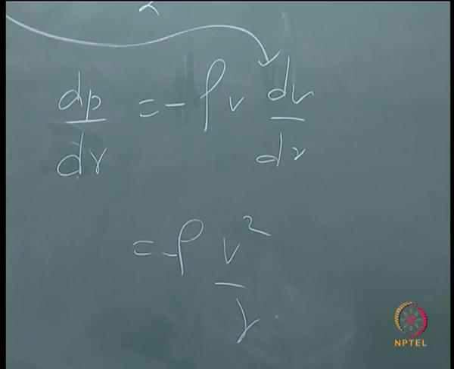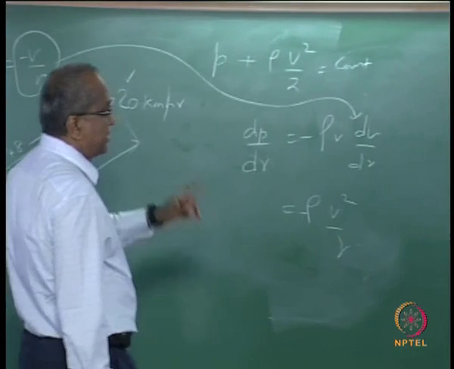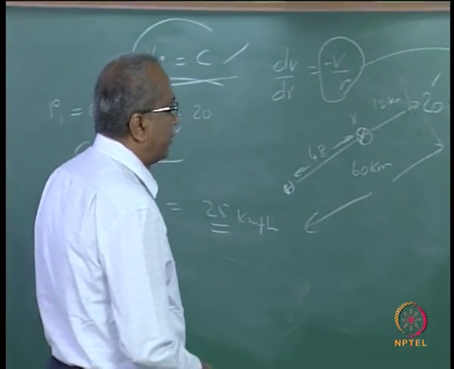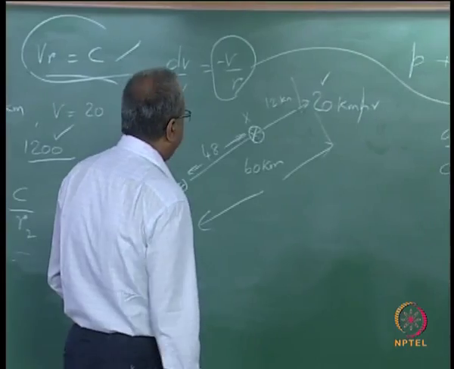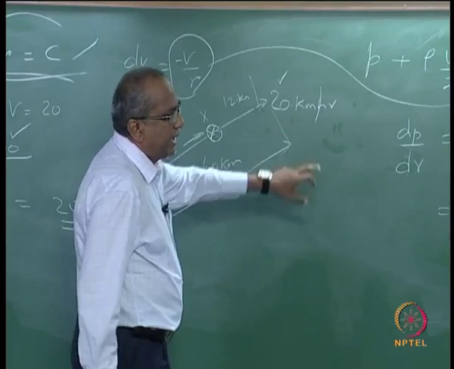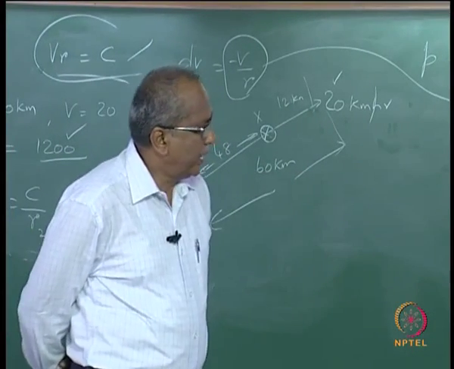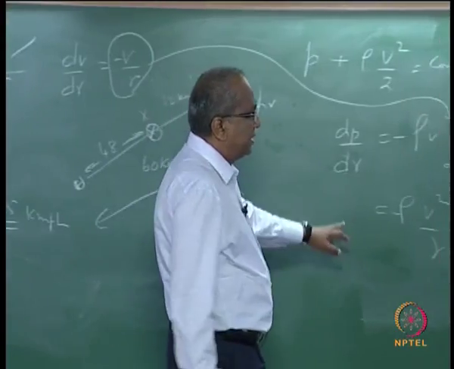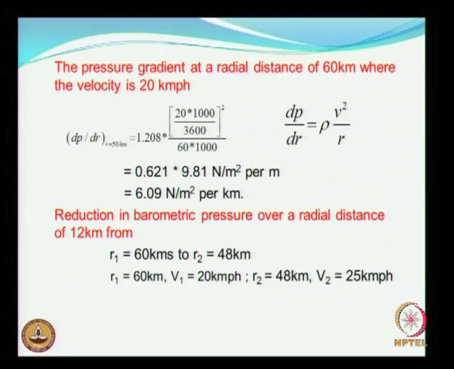So the pressure gradient at a radial distance of 60 kilometers, where the velocity is 20 kilometers per hour, dP by dr, what is the pressure gradient? Use this expression. You have the velocity, use the velocity here, and the radial distance is also known to you. You will get 6.09 Newton per meter square per kilometer.